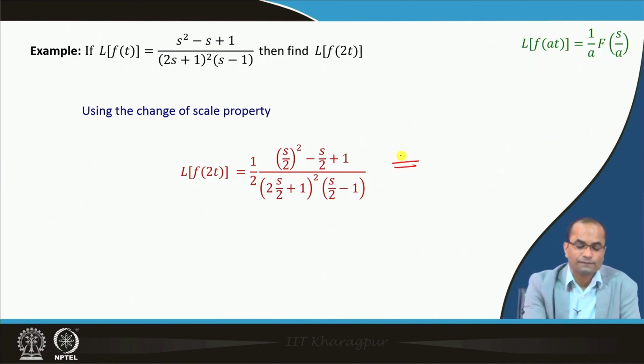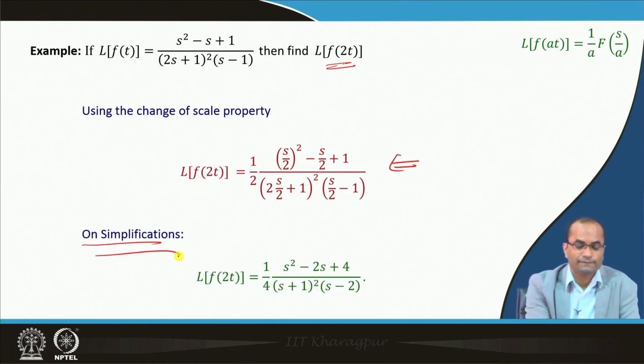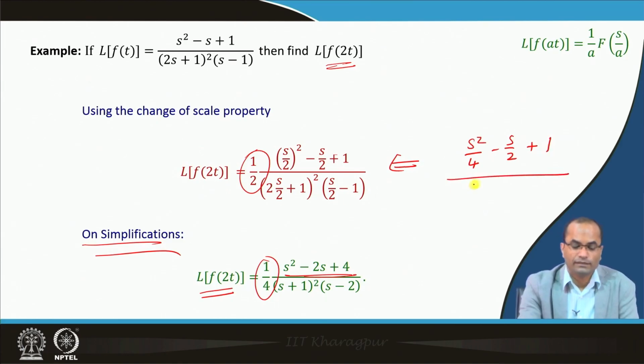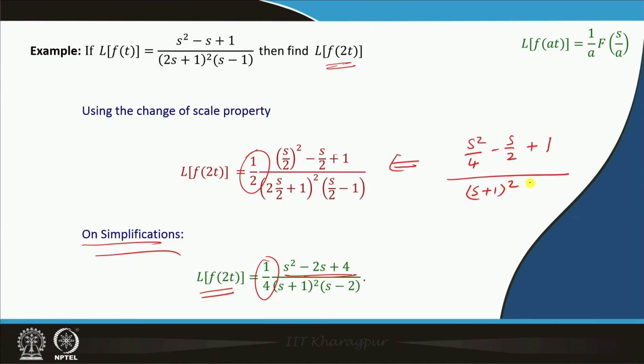So, we have directly applied this result to get f(2t), and on simplification, the Laplace of f(2t) will be 1 by 4 times this: the numerator becomes s square by 4 minus s by 2 plus 1, and the denominator has (s plus 2) whole square and s minus 2, with a 2 going up there and a factor 1 by 2.